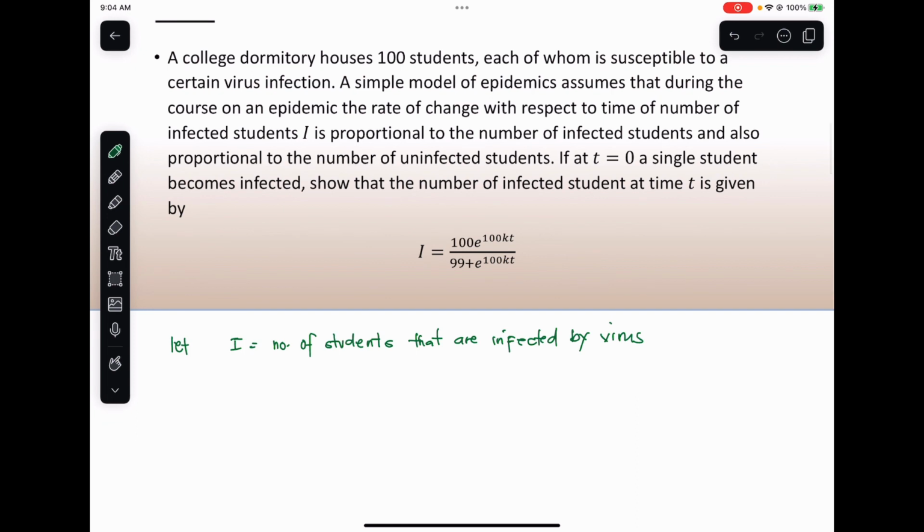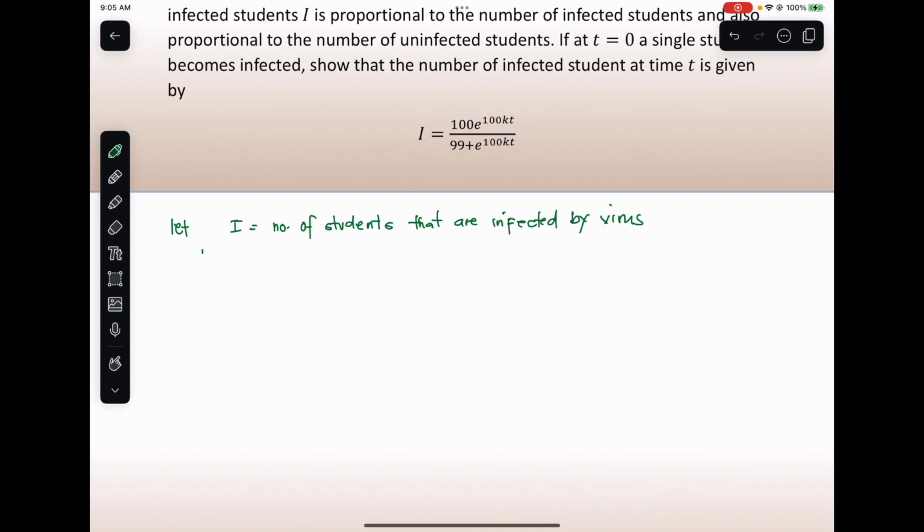Since there are 100 students, if I corresponds to the number of students infected, then the number of uninfected students would be 100 minus I. We subtract the infected from the total, giving us the number of uninfected students.